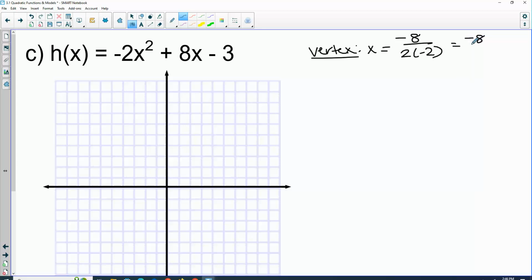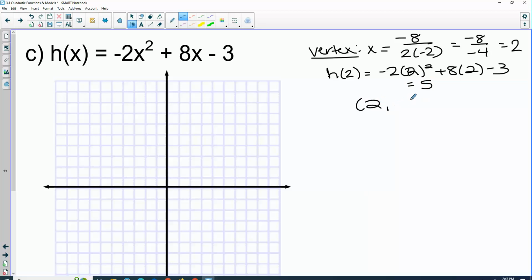Get... y, we plug that in. What's that give me? 5. So my vertex is a point (2, 5).